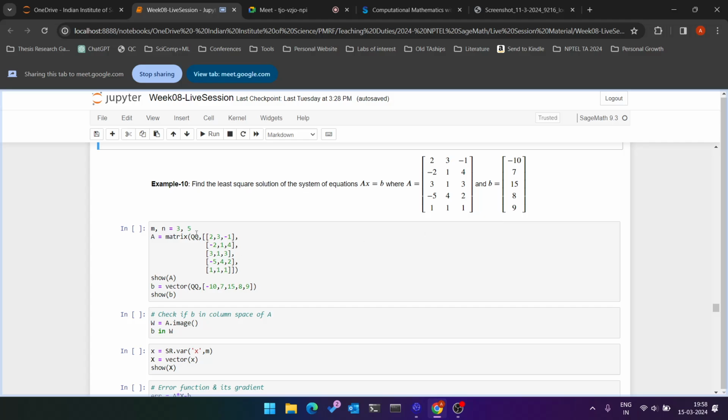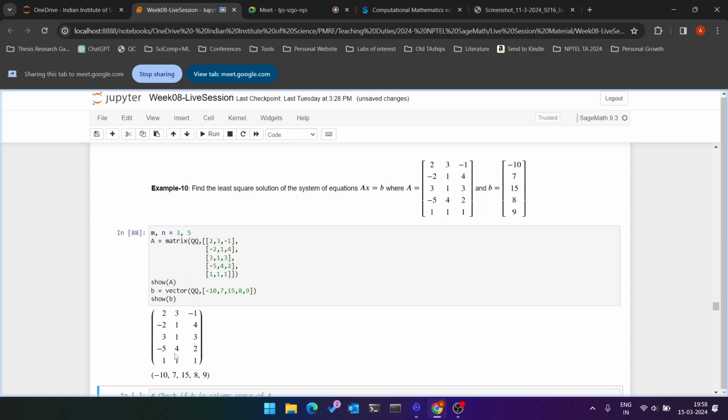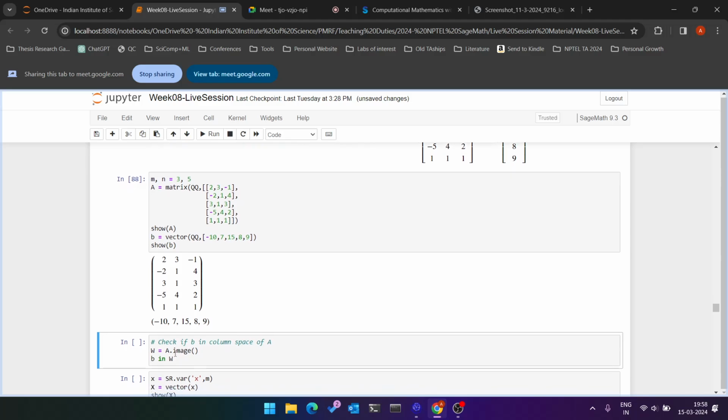Let us first start by specifying A and B. A is a 5 by 3 matrix in the field QQ, and B is a 5 by 1 vector again in QQ. So this gives you A and B respectively.